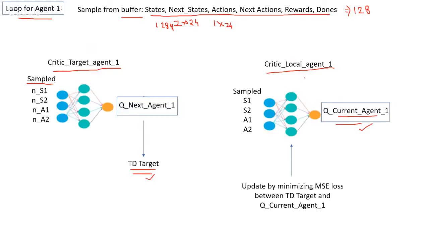Now we need to train the parameters of actor local for agent 1. This is only the loop for agent 1 currently. You will do the same thing for agent 2 as well. So we have this updated network.